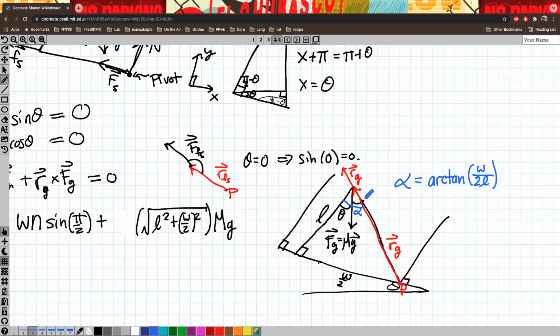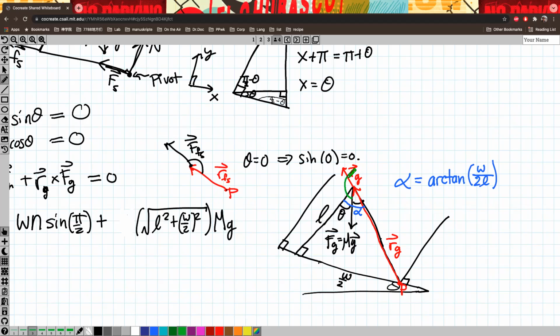And then now that we have alpha, I guess we could find out the angle between the force and the r. So once you have alpha, you can determine that this is equal to 180 minus alpha, right? Oh, no, it's not.